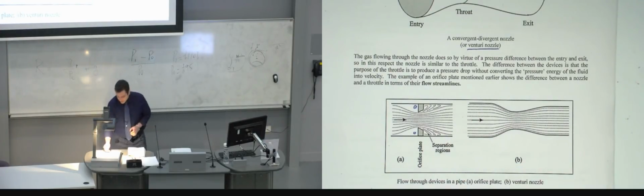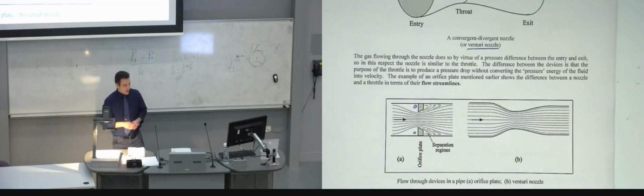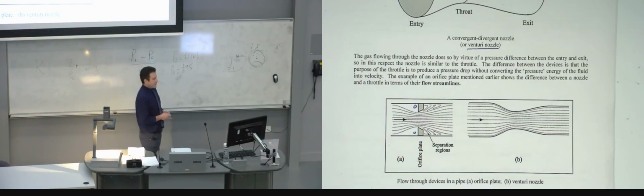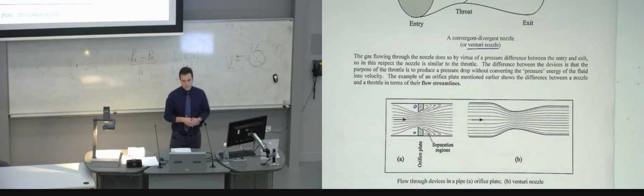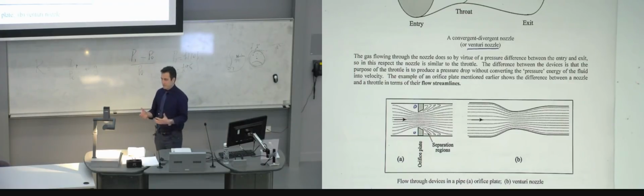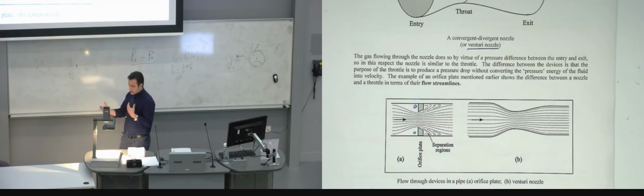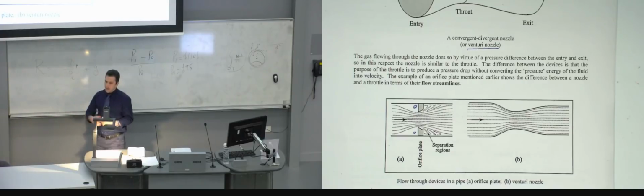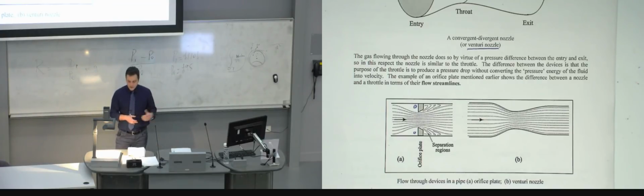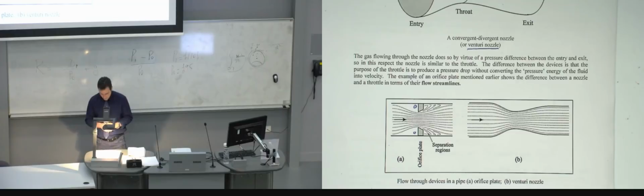Therefore, you're going to have recirculation, you're going to have separation. And from an aerodynamic point of view, that's not good, because whenever you have separation, you have losses. That means you are losing some of the momentum of the flow into heat through viscous forces and viscous effects.